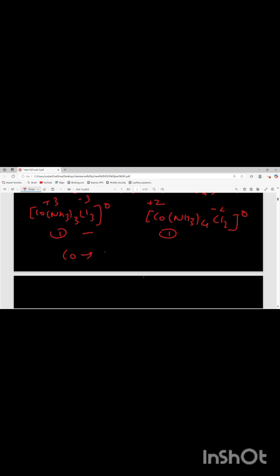Oxidation number of cobalt, electronic configuration of cobalt, atomic number 27. So its electronic configuration will be 4s2 3d7. Now if you remember, cobalt is stable in 2 plus and 3 plus. Why in 3 plus is it stable? In presence of strong field ligands, if it forms t2g6, it will be stable.